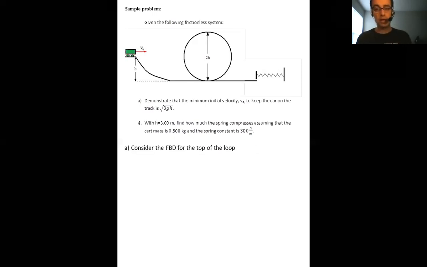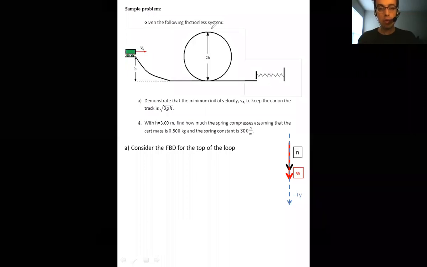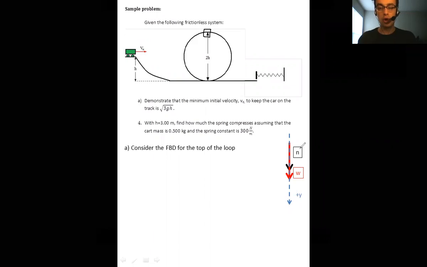This is actually an interesting tie-in to chapter 5. And you thought you were done with circular motion. No, you weren't. The free body diagram at this point, right at the top of the loop: we have the normal force directed downwards, and we have the weight, or the force of gravity, also directed downwards.